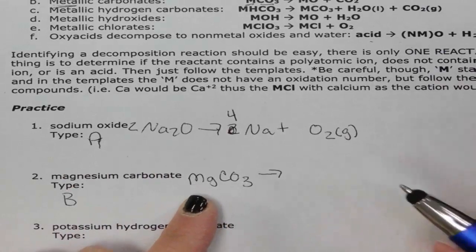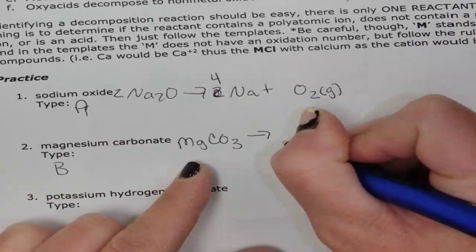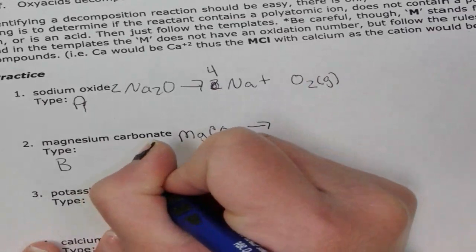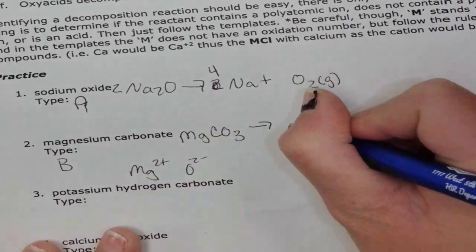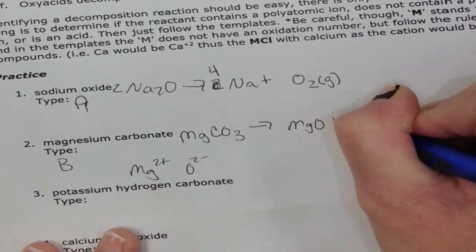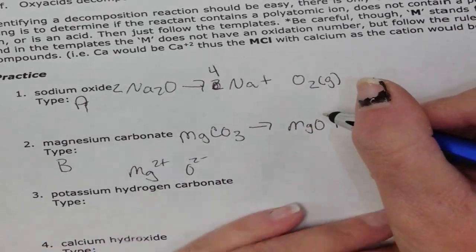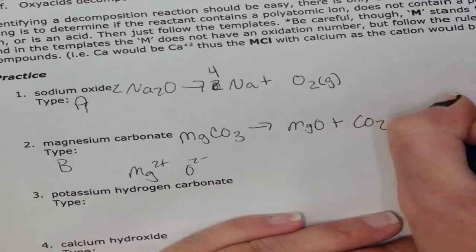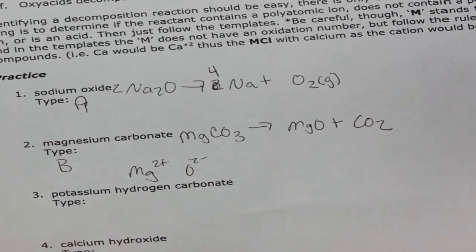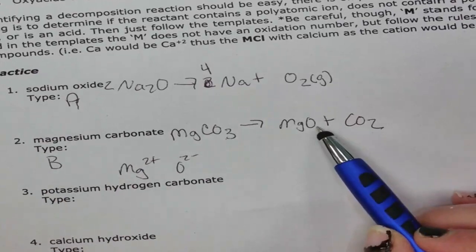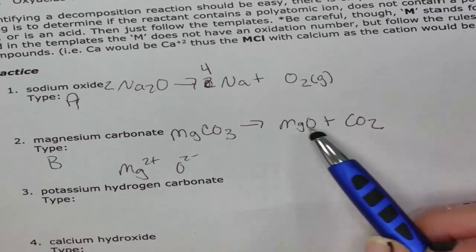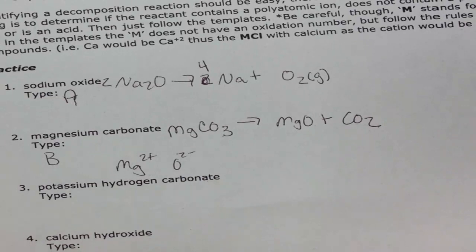So my metal here is magnesium. And when I swap and drop magnesium and oxide, I get MgO plus carbon dioxide. And when I look here, this happens to balance out. I have 3 oxygens on the left, 2 plus 1 is 3 oxygens, and my magnesium and carbon both have 1.